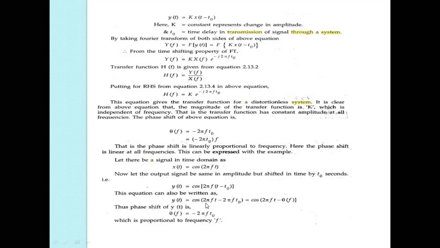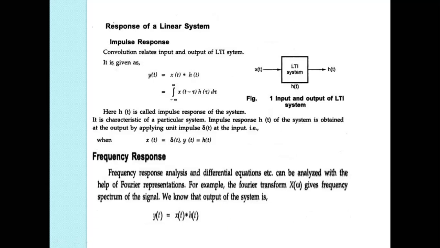The output y of t is cos 2 pi f into t minus 2 pi f into t naught. The second term in the cos function is considered as phi of f or theta of f. Thus the phase shift, theta f, is equal to minus 2 pi f into t naught, which is proportional to the frequency f. Okay, my dear students.